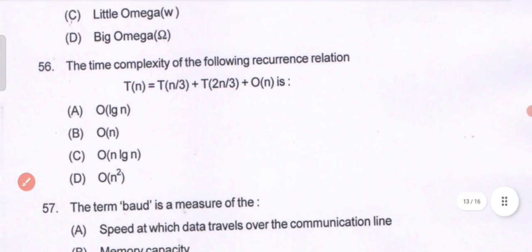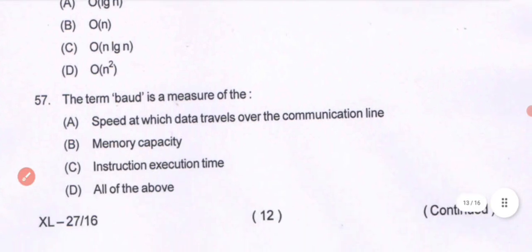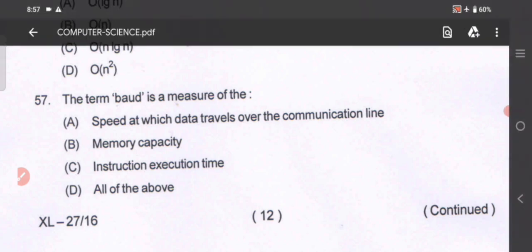The time complexity of the following recurrence relation is option C. 57. The term baud is a measure of the option A, speed at which the data travels over the communication line.